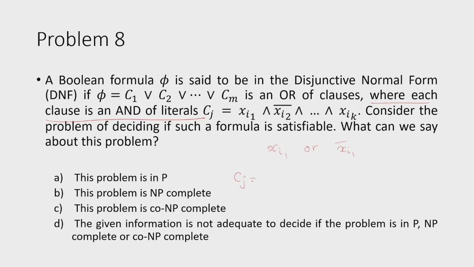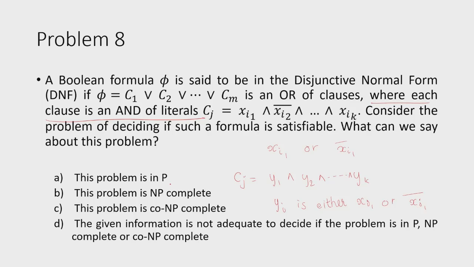Cj looks like this: y1 and y2 and up to yk, where yi is either xi or xi complement.